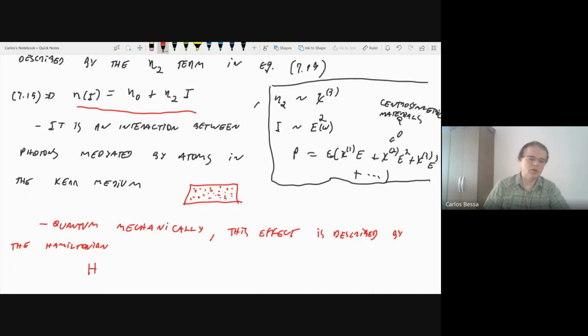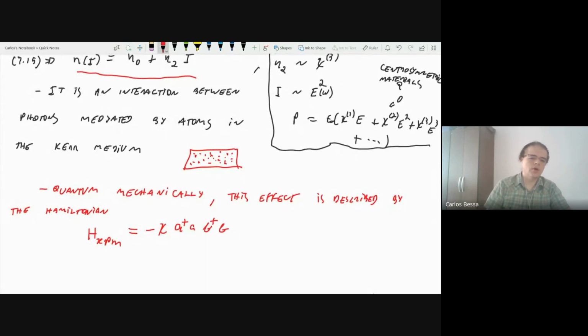Define the Hamiltonian of XPM, from cross phase modulation, as chi A dagger A B dagger B, where XPM means cross phase modulation, and A and B are two modes propagating through the medium.